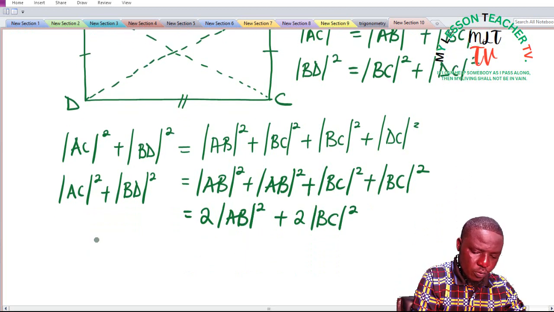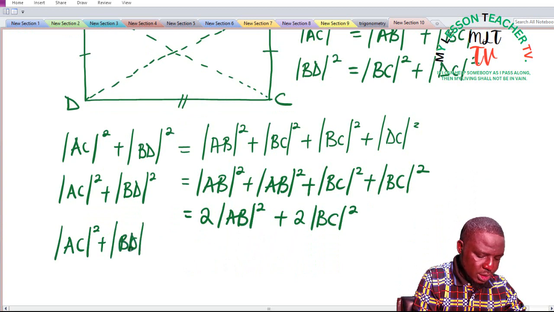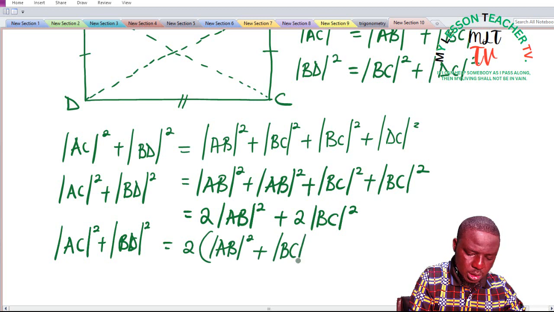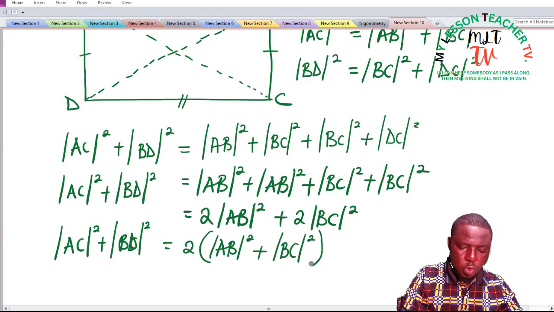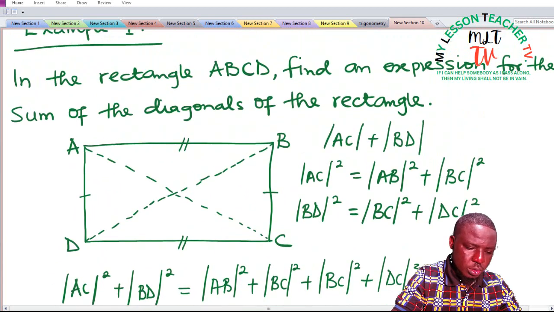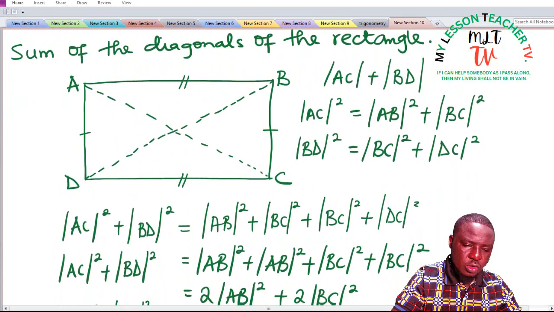And when you factorize out 2, you have AC squared plus BD squared to be equal to 2 into bracket AB squared plus BC squared. So this can be said to be the expression for the sum of the diagonals of the rectangle.